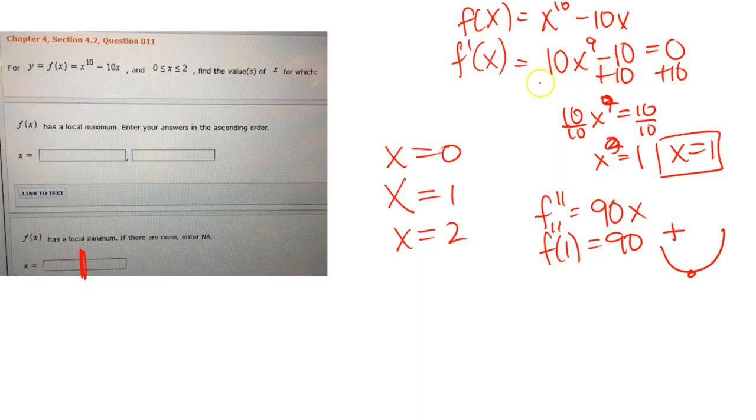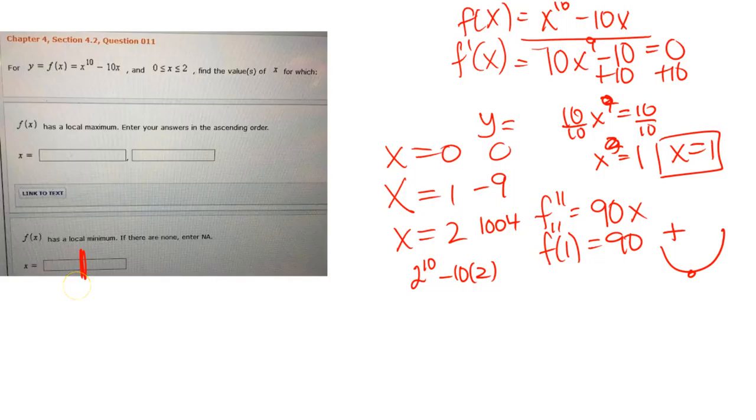If I go to my original function, at x equals 0, y equals 0. At x equals 1, 1 minus 10, it's negative 9. And at x equals 2, it's 2 to the 10th minus 20, which turns out to be 1,004.